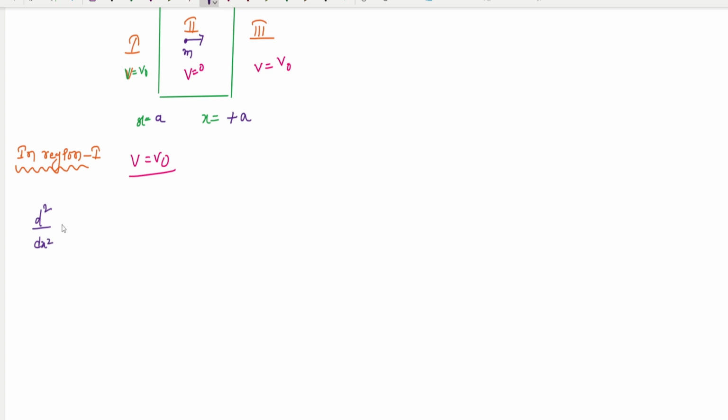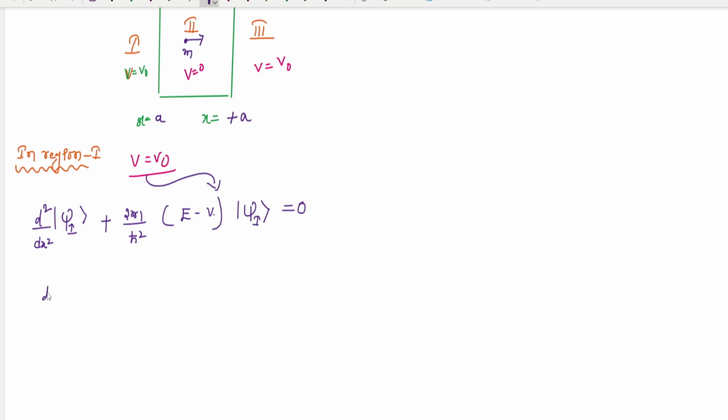If you try to understand the solution, this is the wave function in region 1 plus 2m divided by h cross square (E minus V) times the wave function in region 1 equal to 0. So if you put in place of V equal to V naught, because in region 1 the potential energy of the particle is V naught.